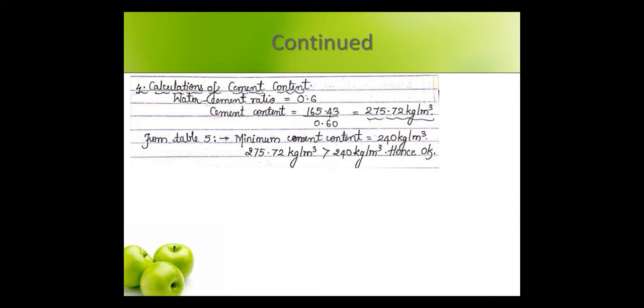This cement content should be compared with Table number 5 of IS 456. Minimum cement content according to IS 456 is 240 and we have got 275. So it is okay, we are getting more than the minimum content. So our design is correct.